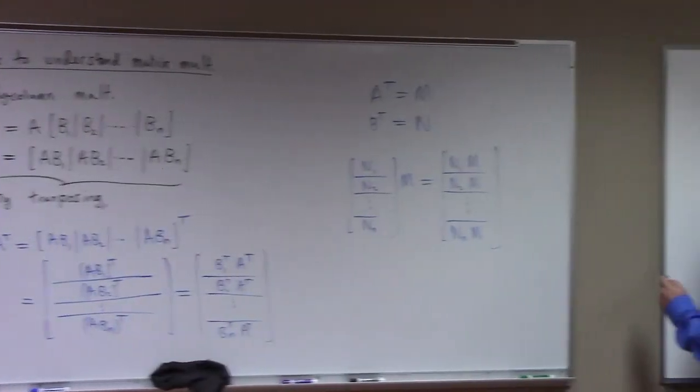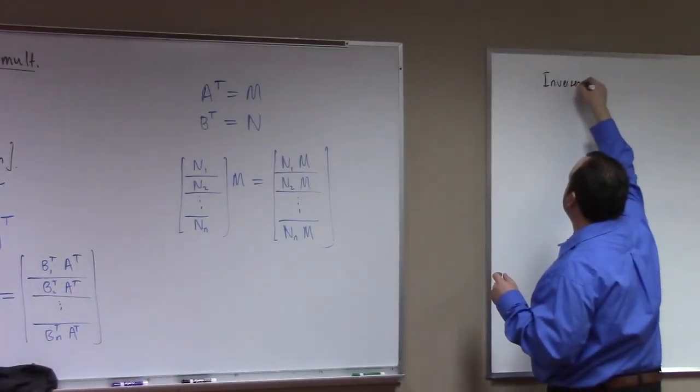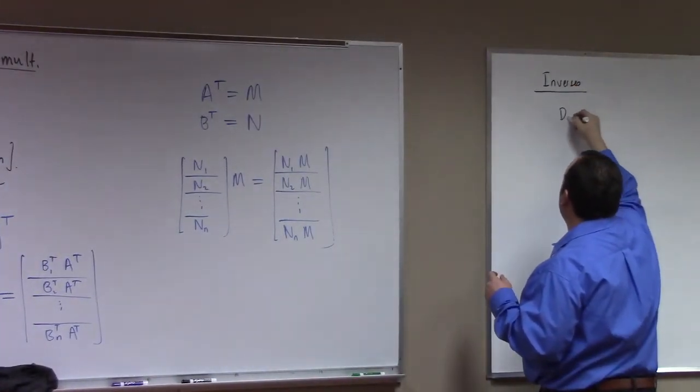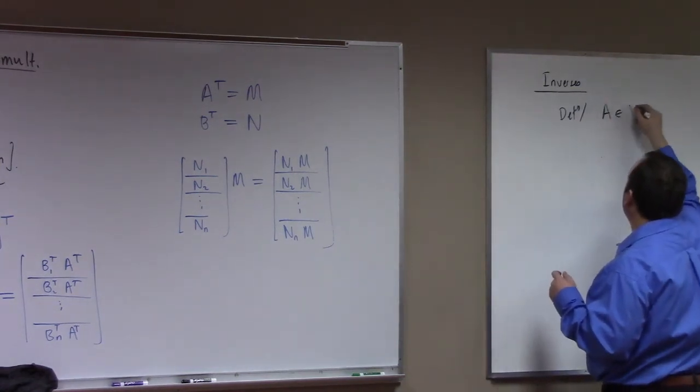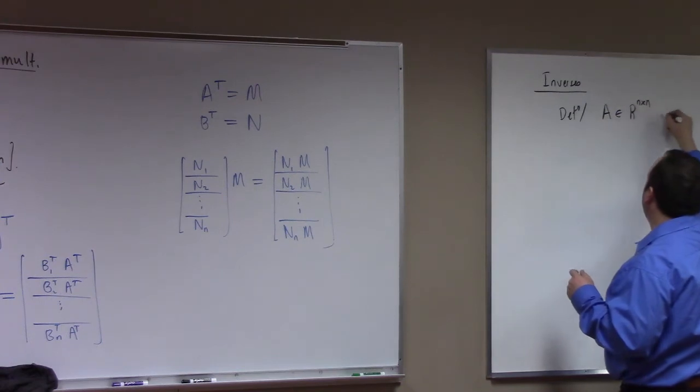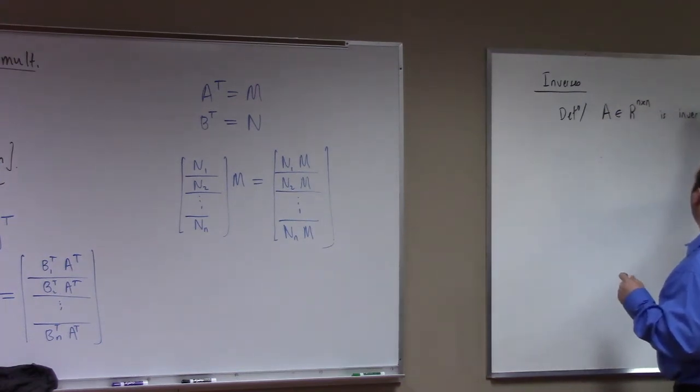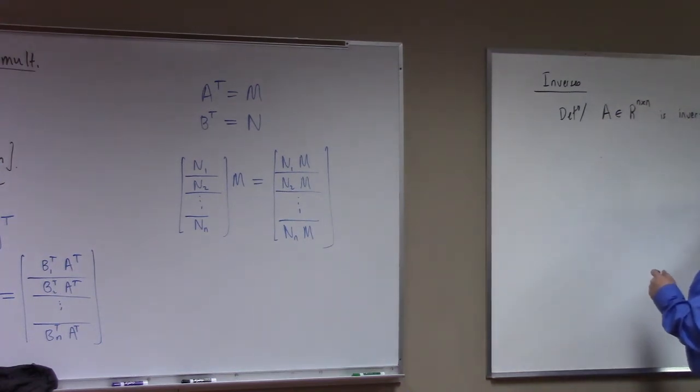So inverses. Definition. A in R n by n is invertible if there exists B in R n by n.